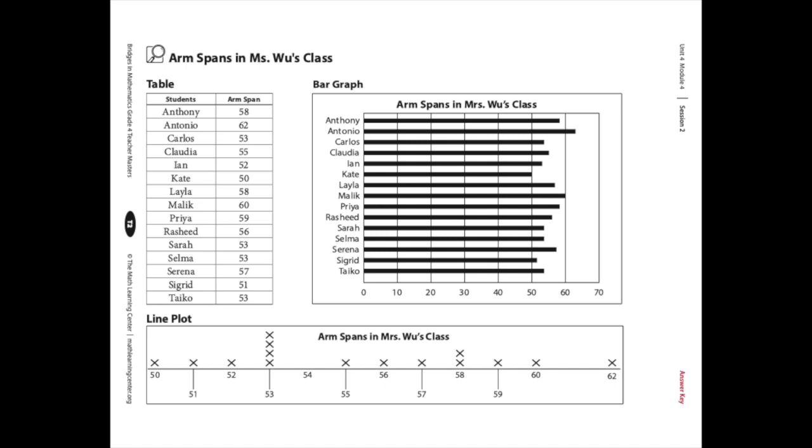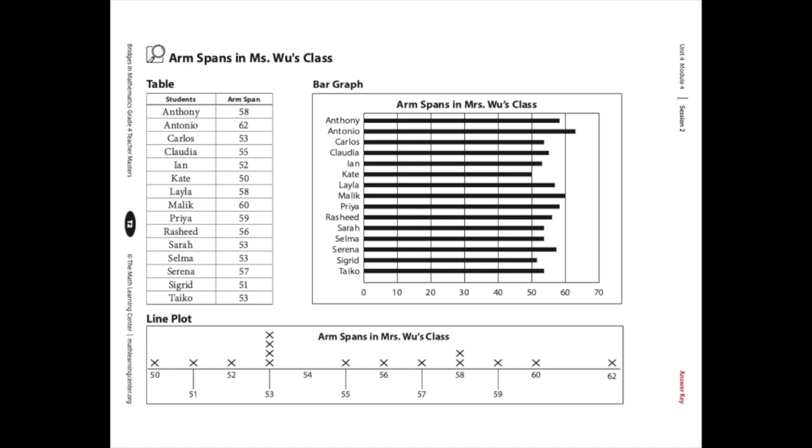Okay? And so some of the pros and cons is that the tables seem a little boring, right? It's just very clear-cut information. It looks like it's organized by name, but not by arm span. The bar graph doesn't give us exact measurements. And so with bar graphs that are pretty similar in information, for example, all of the arm spans are above 50 inches and range up to 62.